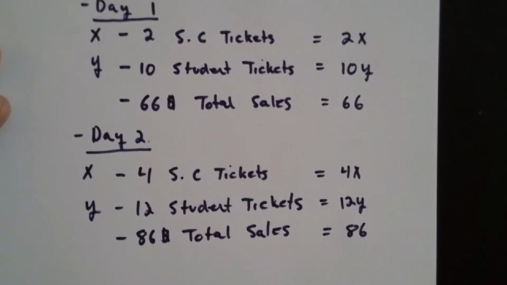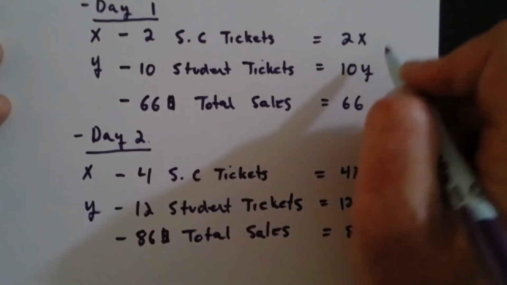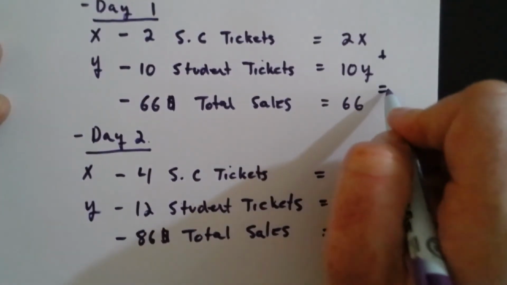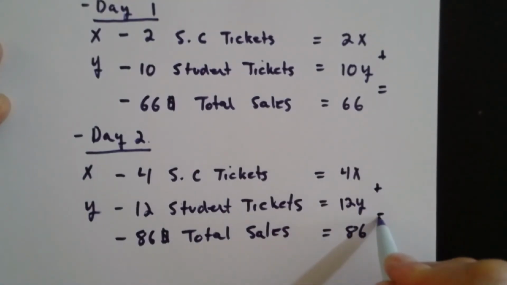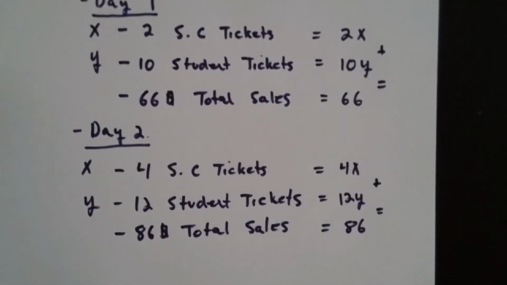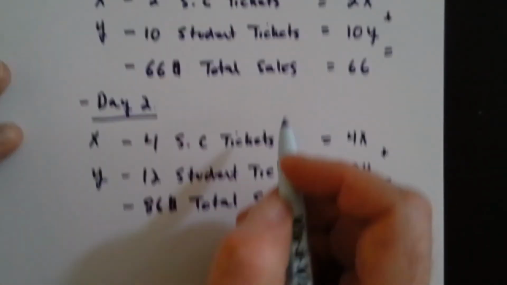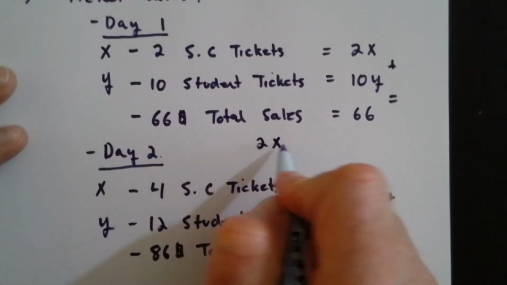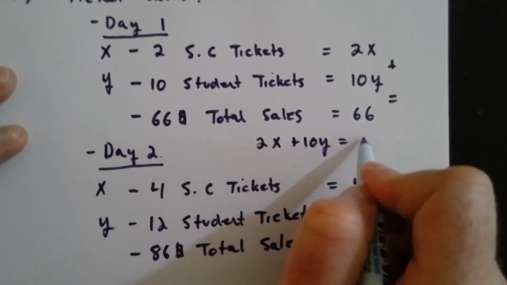Now we have our linear equations right here. So it's just this plus this is equal to this. This plus this is equal to this. And we'll write them horizontally. And so we have up here 2x plus 10y is equal to 66.